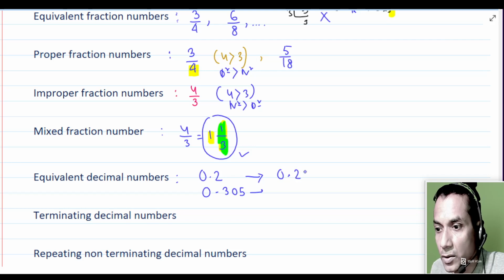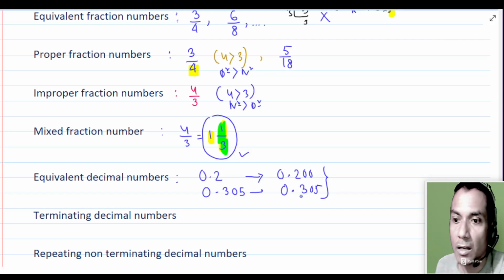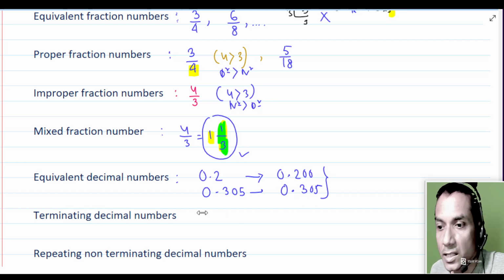After the decimal you have to consider the same number of decimal places. In 305 there are 3 places after the decimal, and here also we make 3 places. Clear? So now these two decimal numbers are equivalent decimal numbers.